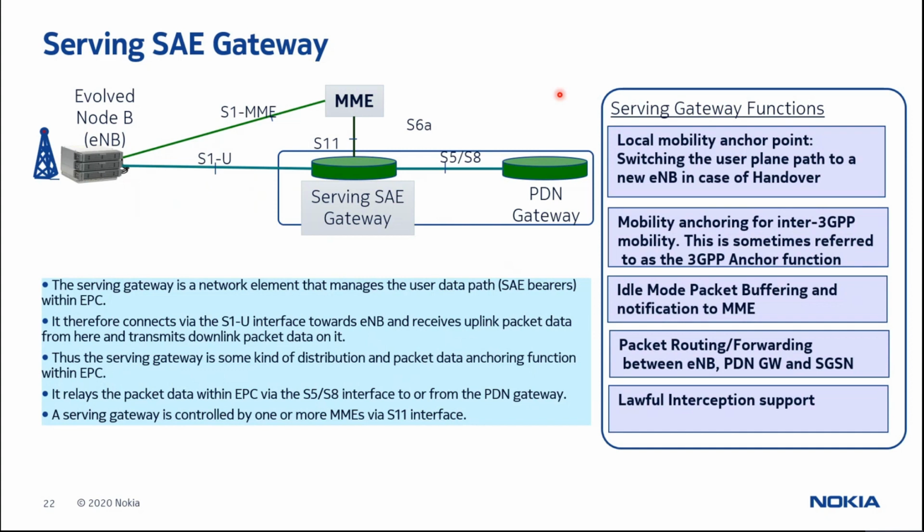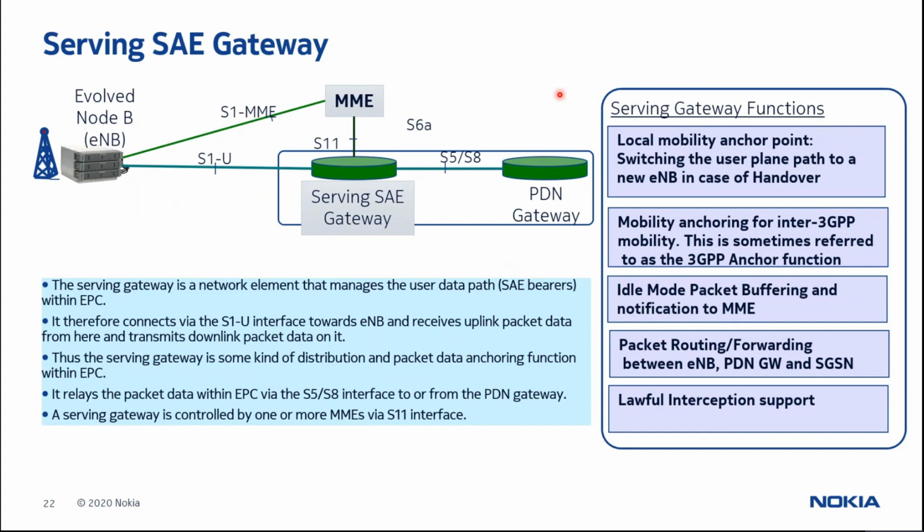So in the time interval, let's say 0.5 second or 1 second, between a user connected to one eNode B and shifted to another eNode B, whatever session the mobile phone has with the network should not get lost just because you are shifting from one coverage area to the other.